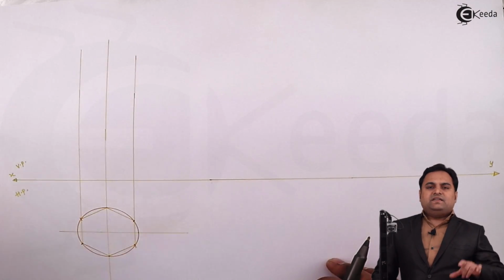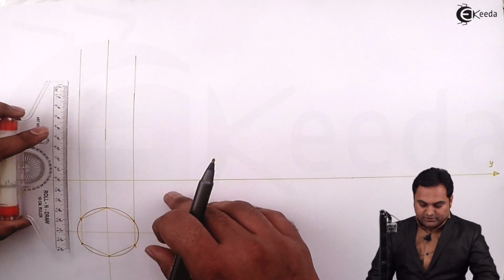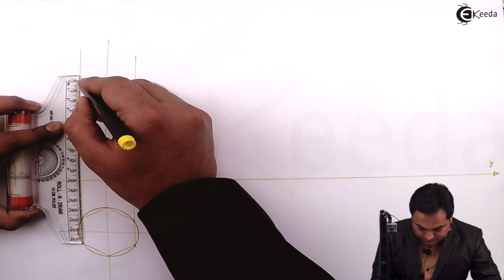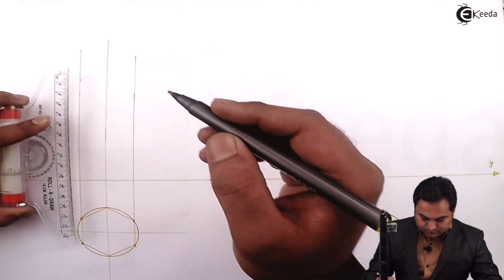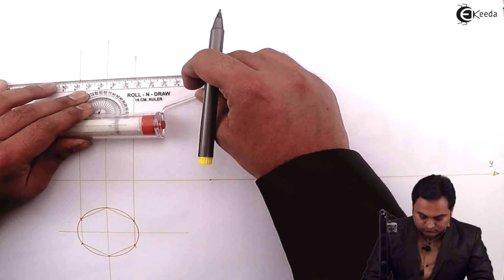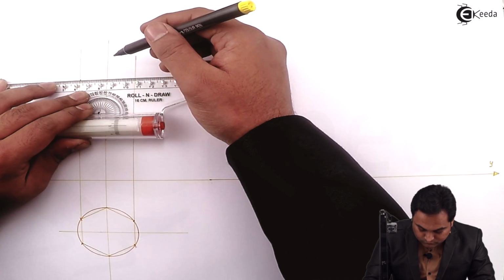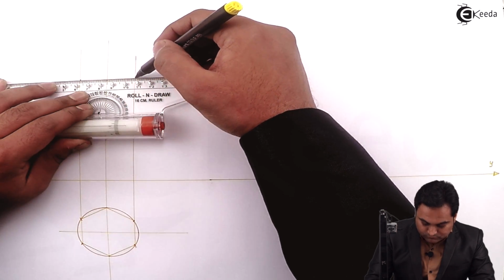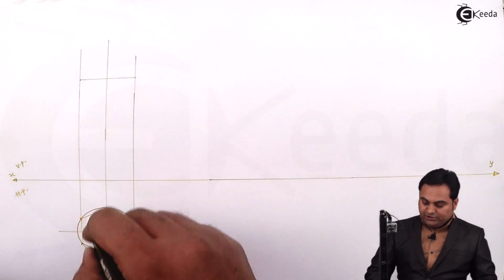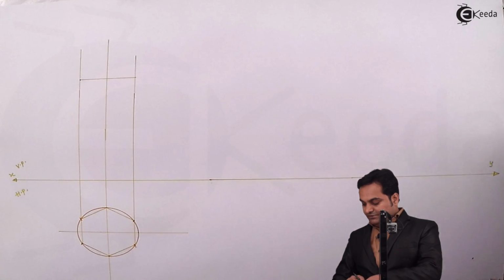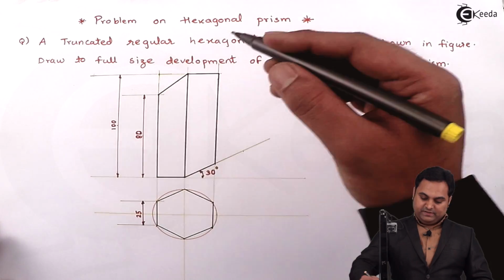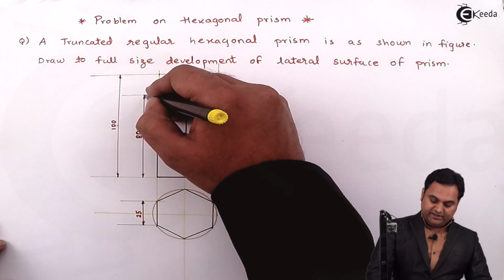This hexagonal prism has a height of 100 mm given in the question. So here I am marking 100. Then I have to draw the cut portion here, which is given in the question. I'll explain it. Here the upper part of the hexagonal prism is cut in such a way that from the bottom the distance is measured 80 mm.